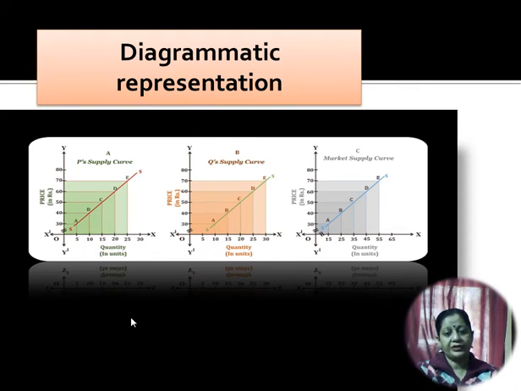Clear? So here you can see there is an A supply curve and B supply curve, right, and C supply curve. So C is the market supply curve. Why? Because we have combined A supply and B supply. So the total that we have represented in C is known as the market supply curve. It is similar to the market demand curve.